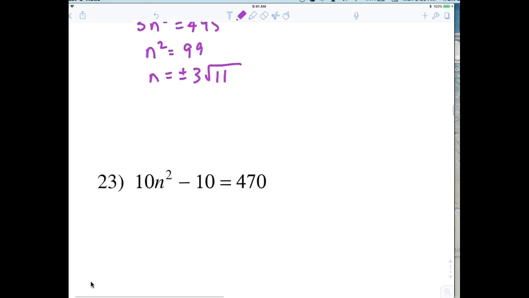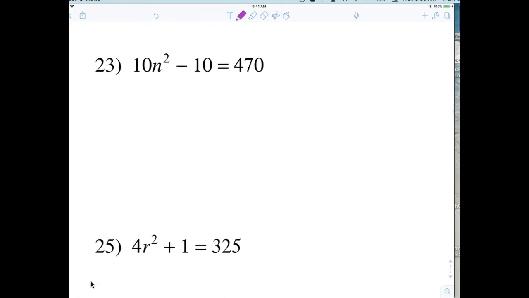Number 23, I have to do what? So 10n squared equals, so n squared equals, so n equals plus or minus, who remembers? 16 and, oh, 3. Yeah, 4 and 12 works. So you have to break down 12. Yeah, you have to break 12 down. So it's plus or minus 4 radical 3.